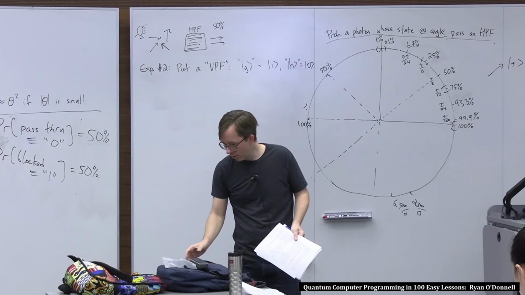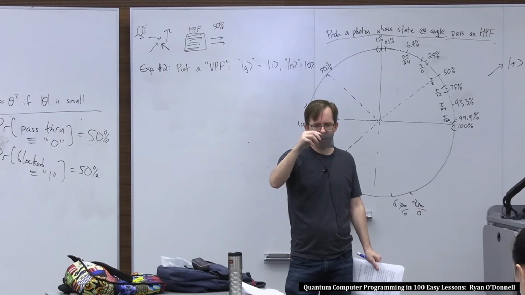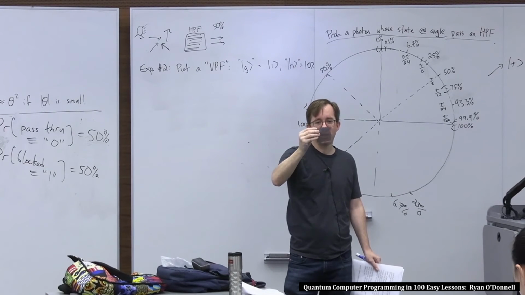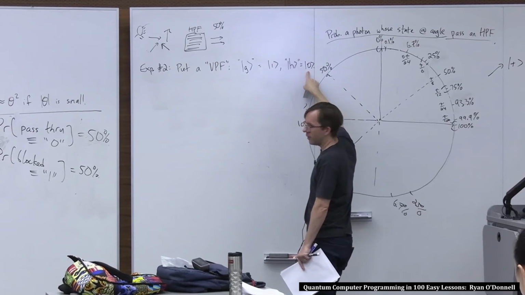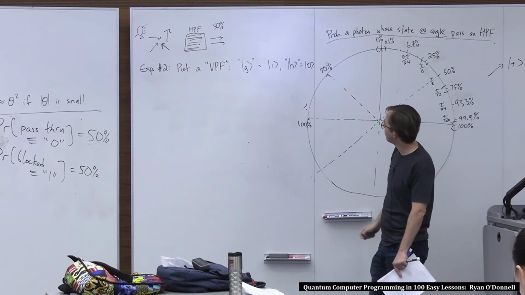If this is horizontal, then I can do it by reflecting, I think. You can also do it by rotating 90 degrees. That'll make one of these actually negative 0. But you're going to get the same results with negative 0 as you do with 0.